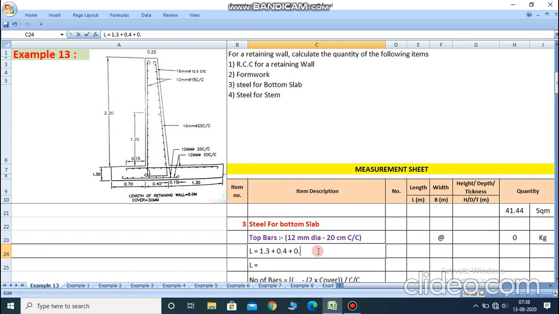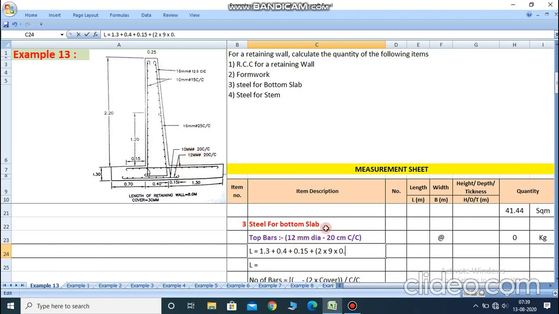Plus 0.15 plus the two side hooks, provided at the starting and end, so 2 times 9 multiplied by the diameter of the bar. The diameter of the bar is 12 mm, provided right here and also in the figure.